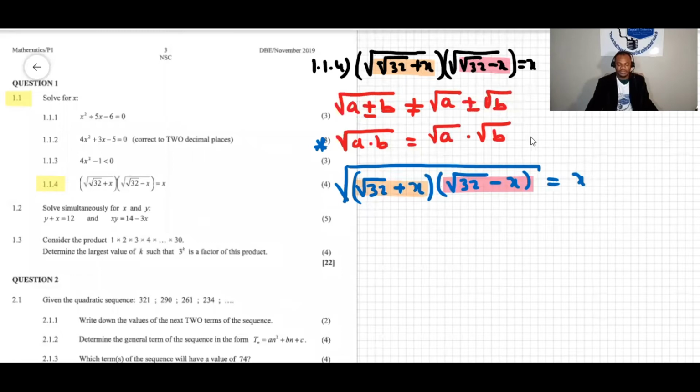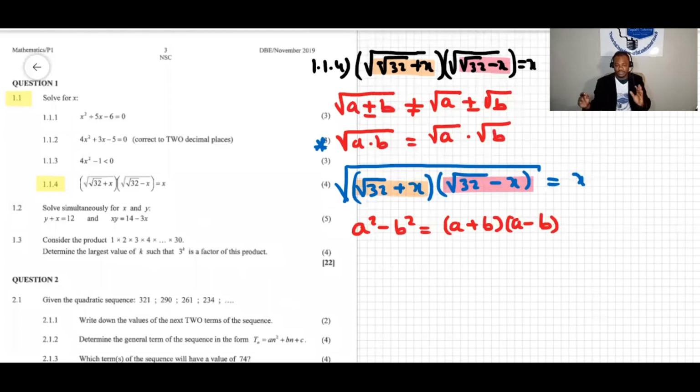Now, when we look at the content inside the root, the radical sign, we can figure out another property that says a squared minus b squared equals (a plus b) times (a minus b). Again, these formulas also are useful on both sides of the equal sign.